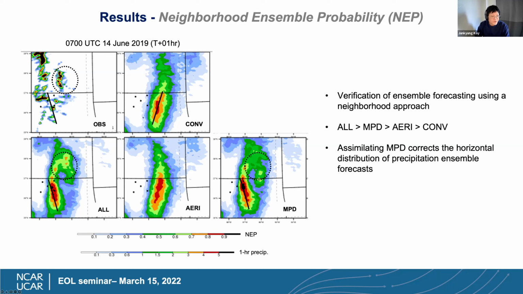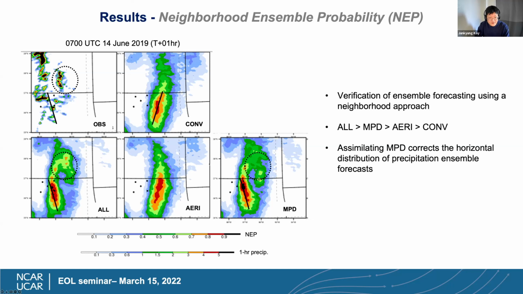The first figure shows the observation of precipitation, and the experiment ALL shows the best ensemble forecast in terms of this NEP. When we assimilate the conventional observation, the ensemble members predict the wrong horizontal distribution with a different orientation, like this, compared to the real observation.